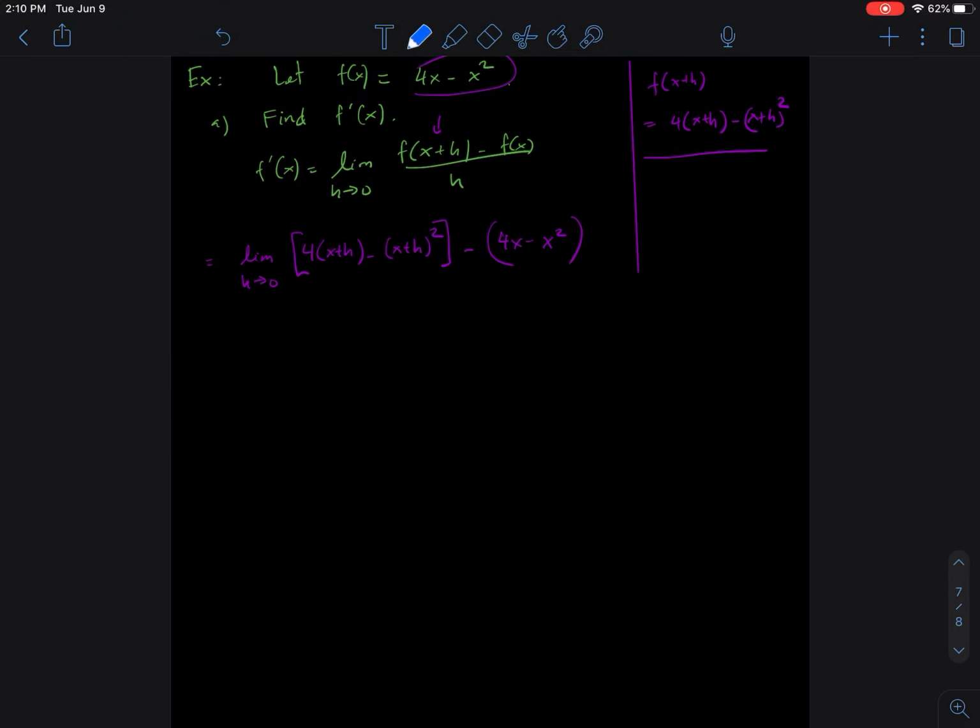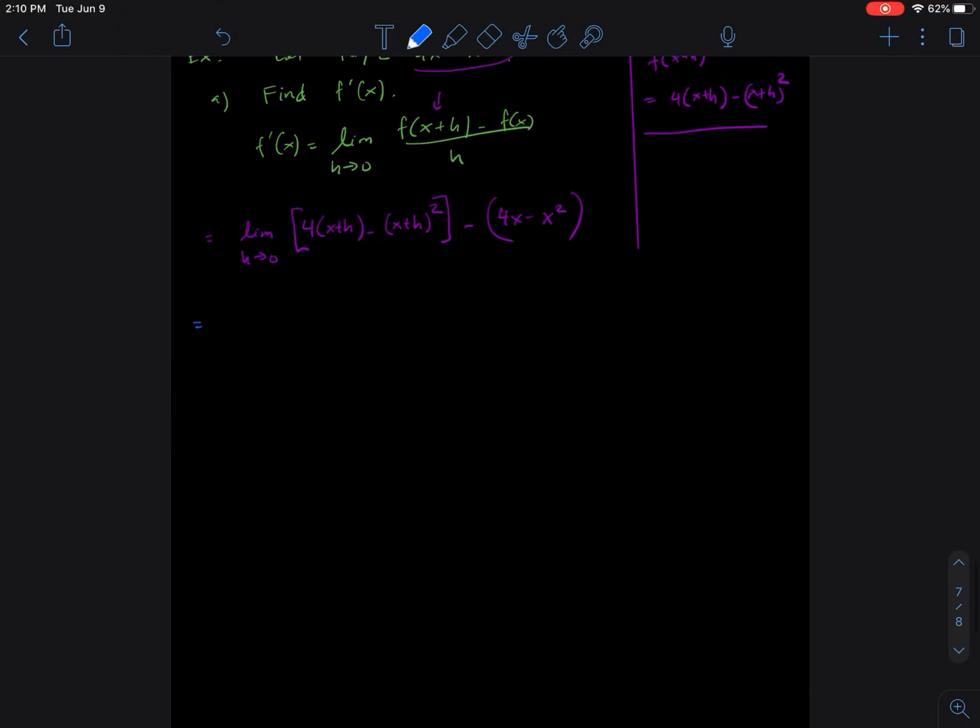So this equals the limit as h goes to 0. We're going to simplify this. I'm going to do this a little bit fast, and you'll have to check my work on the side.